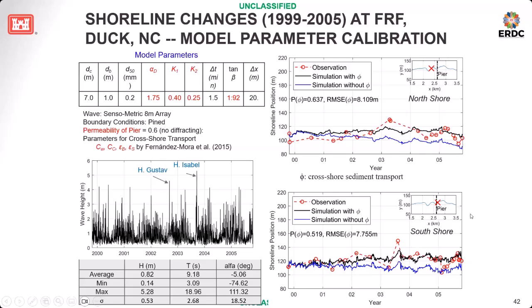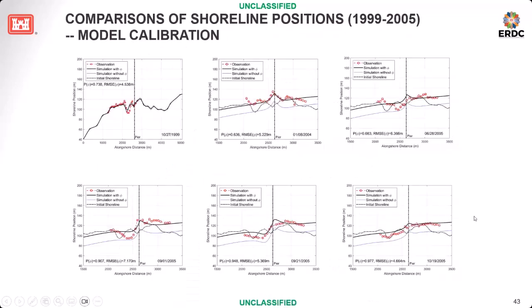So you can also compare the longshore shoreline profile. For example, in 2004 you have this kind of accretion shape around the pier measured by the transect data. Without cross-shore, you have quite a constant gap. Why is there a constant gap?